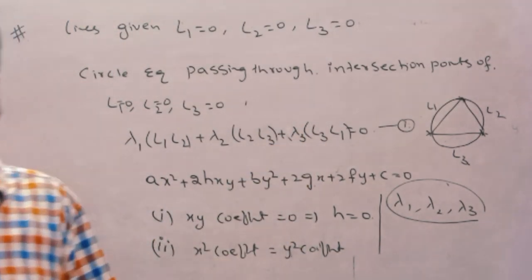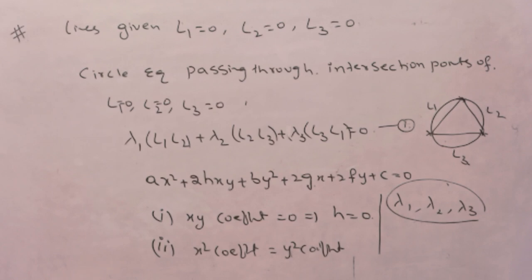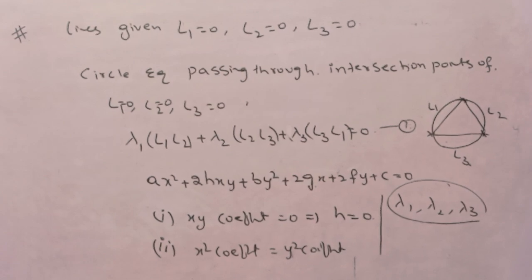Okay, all of you, this is the formula for the circle passing through the points of intersection of L1 equal to 0, L2 equal to 0, and L3 equal to 0.